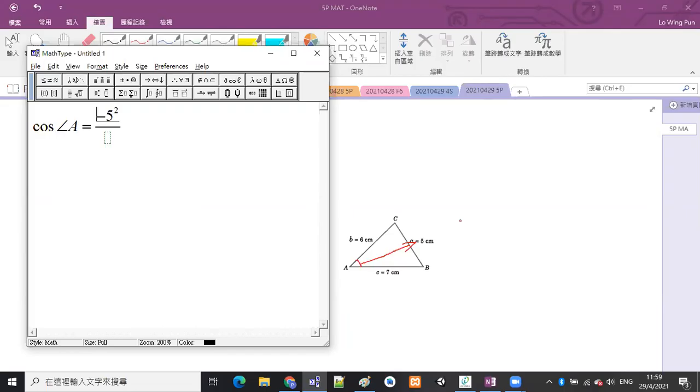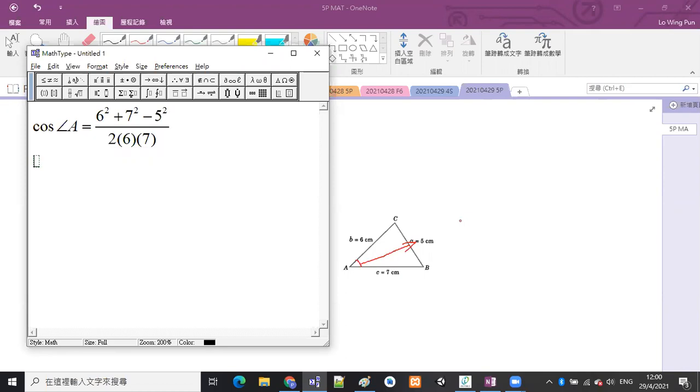And then the other two will be 6 square plus 7 square, and then minus 5 square, and divided by 2 times 6 times 7. The squared term that is subtracted is the side that the angle we are calculating is looking at. Okay?